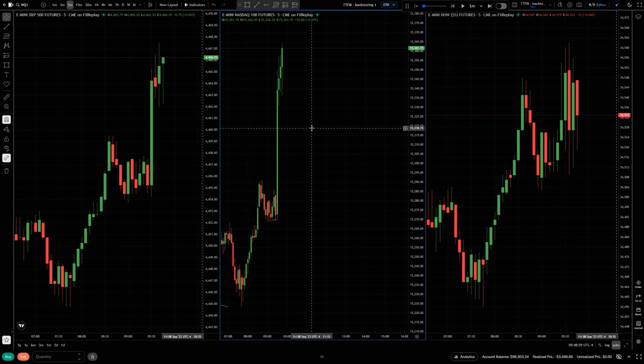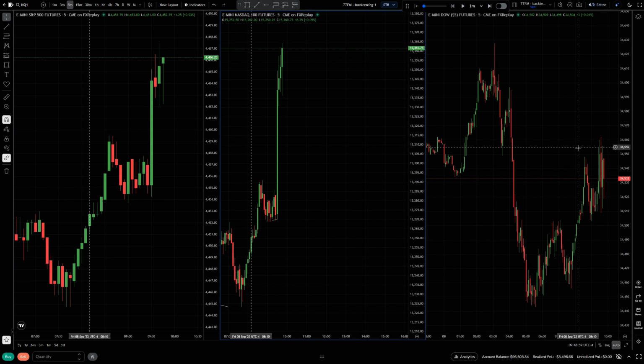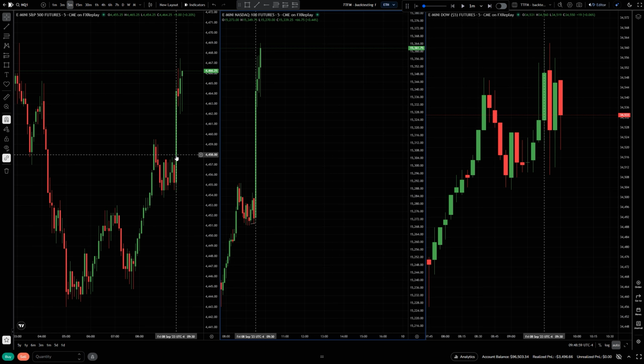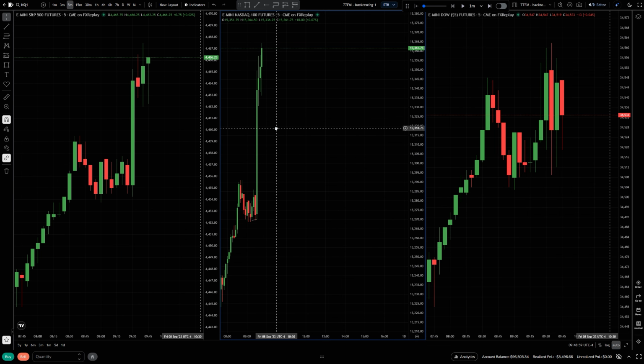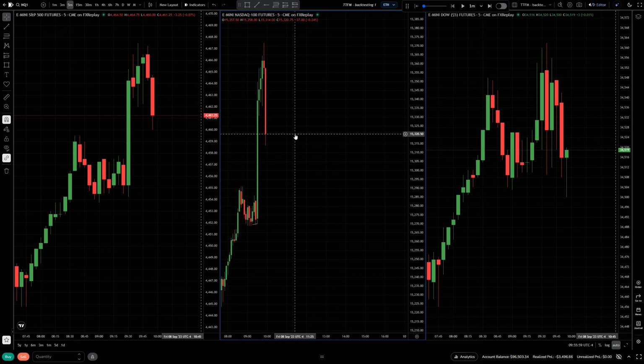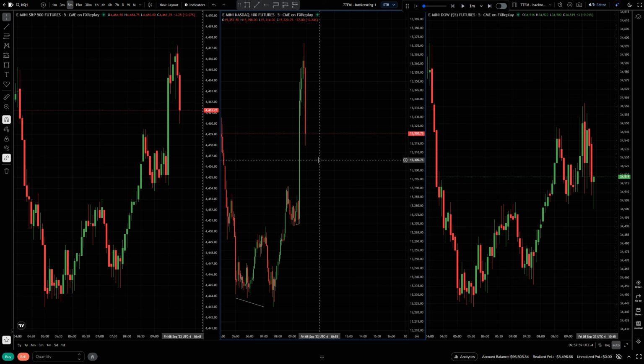Let's drop to the 5-minute. YM is basically just consolidating. I see that ES is also starting to go up. And this is most likely going to be our strength switch.